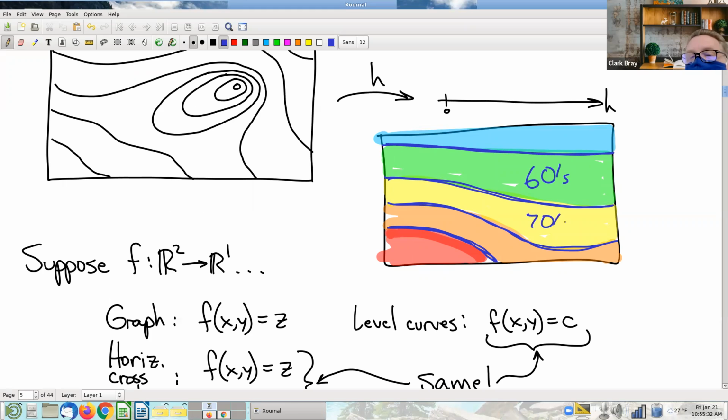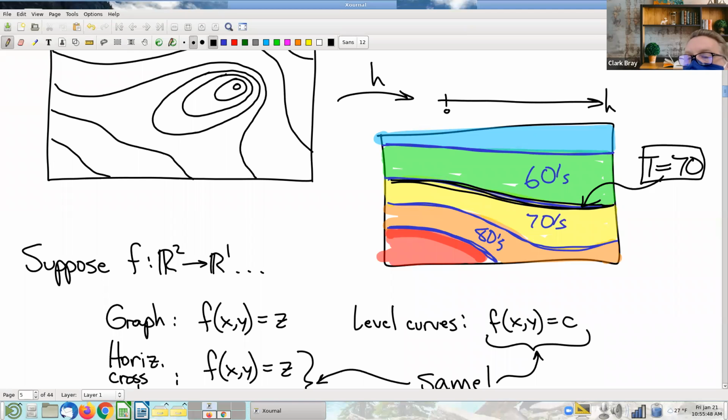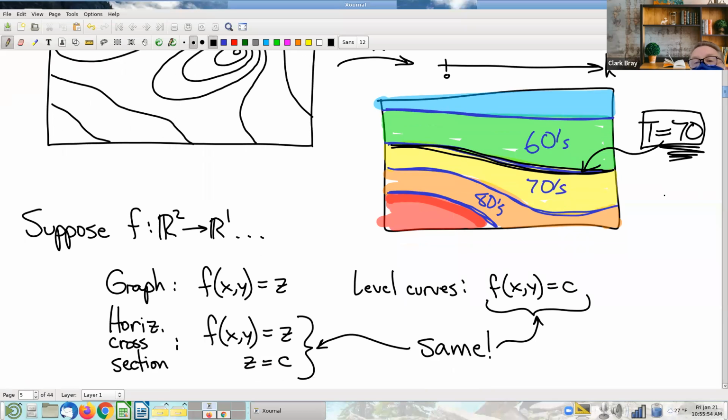And this is the 70s, and this is the 80s, etc. Well, what that means is that this line, for example, that line is where temperature is 70. And that is a level set of the temperature function. So another highly relatable, well, in the olden days, picture, experience that is level sets.